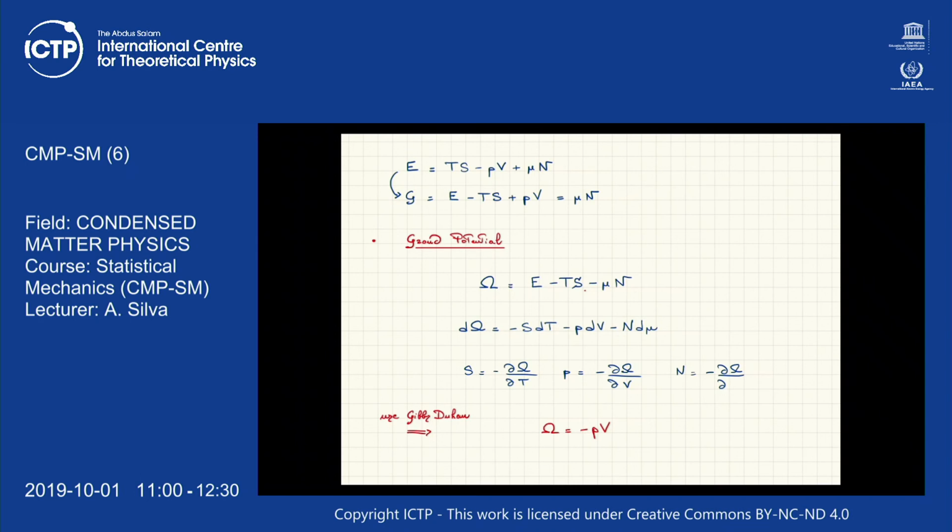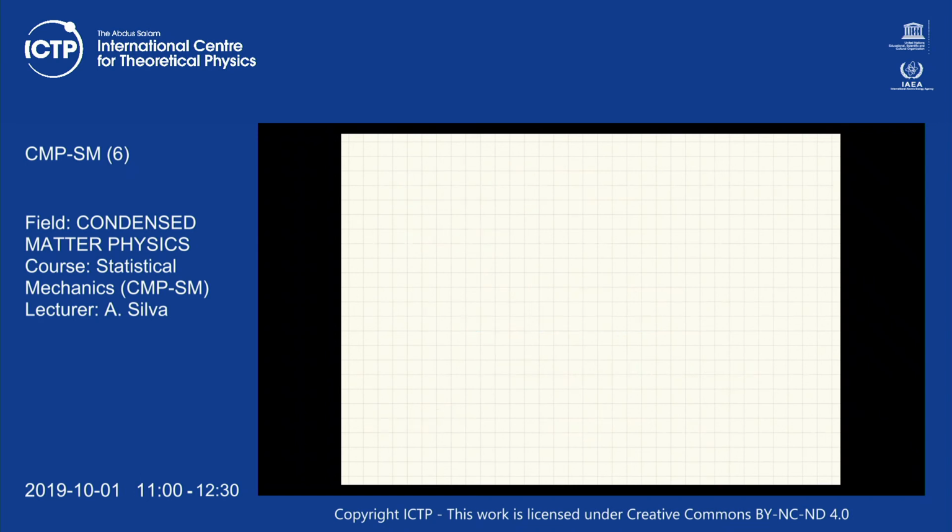I forgot here to write it down. All right, so now let us write down an important thing, which are the Maxwell relations. Maxwell relations are obtained from a very simple idea, which is the following.